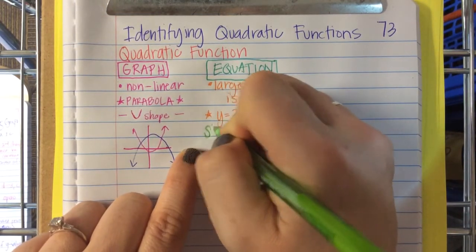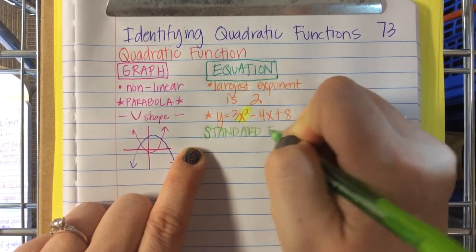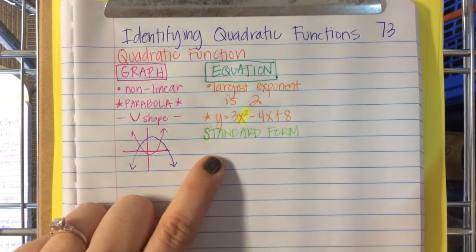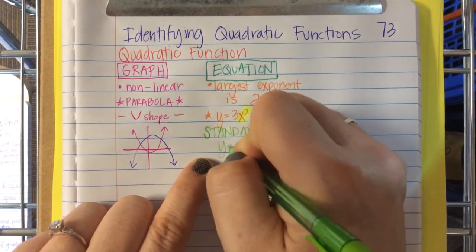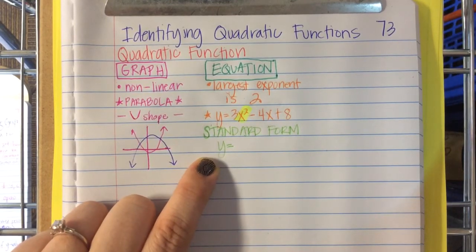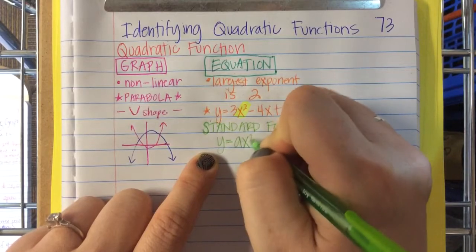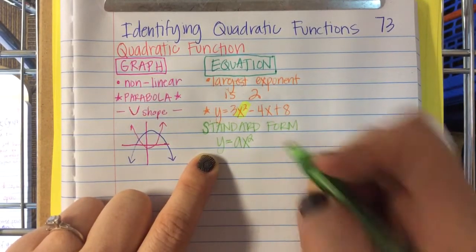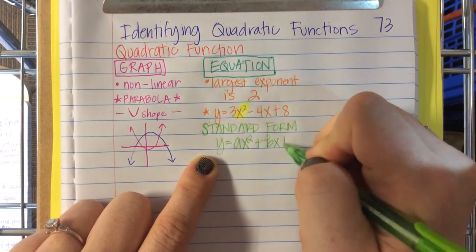Standard form is y equals, y is alone, ax squared plus bx plus c.